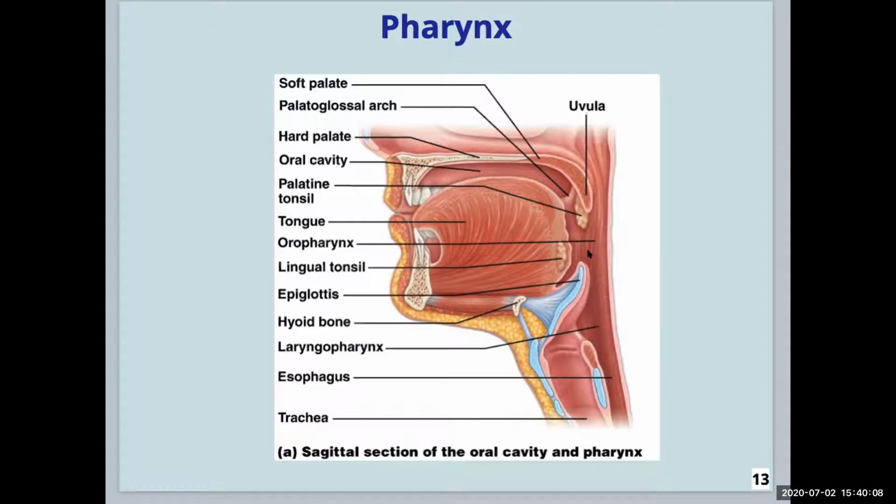And so for them to be able to withstand that friction and abrasive stress, they are lined with non-keratinized stratified squamous epithelium. Unlike the nasopharynx, which has quite a bit of the respiratory mucosa.